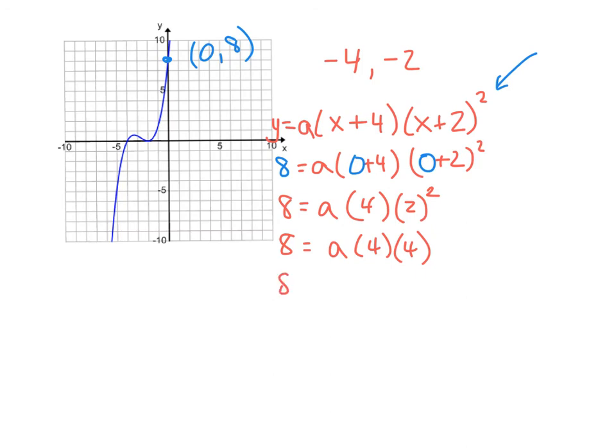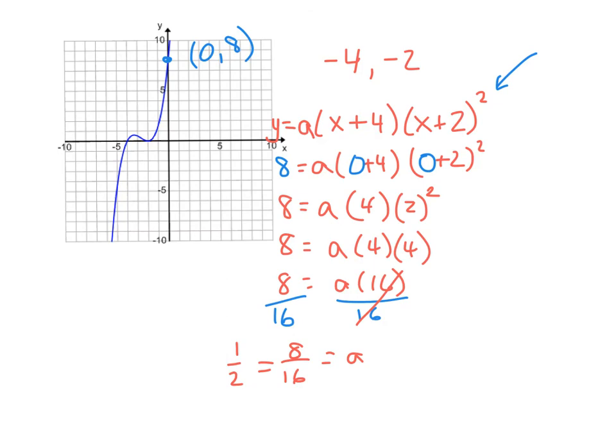All right, we get 8 equals a times 4, which is 16. And be very careful here. When you divide both sides by 16, the answer is not 2. All right, the 16s cancel. We get a equals 8 over 16. What is 8 over 16? Well, that would simplify to 1 over 2. Not 2, but 1/2. So a is 1/2.